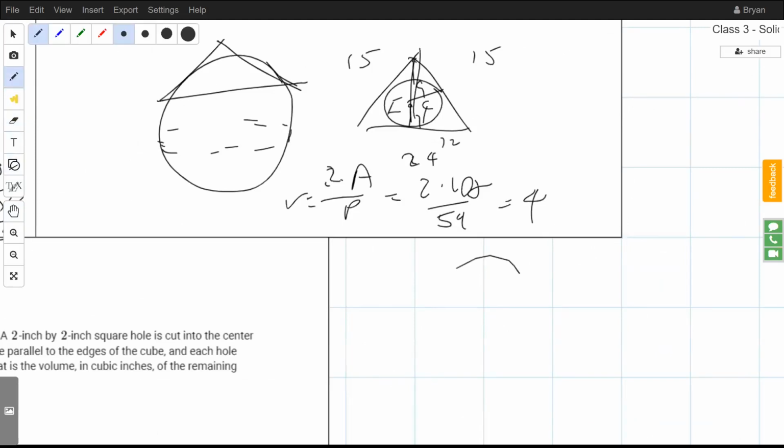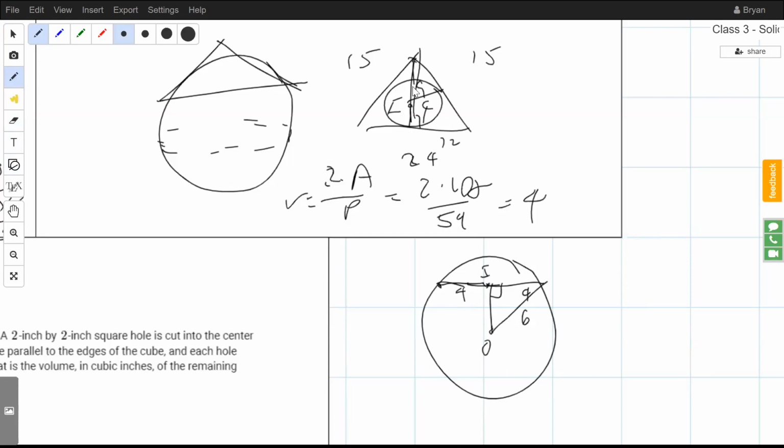I has a radius of 4, which means that each of these lengths is 4, like so. And we know that O is here. So we only need to find OI in this case.